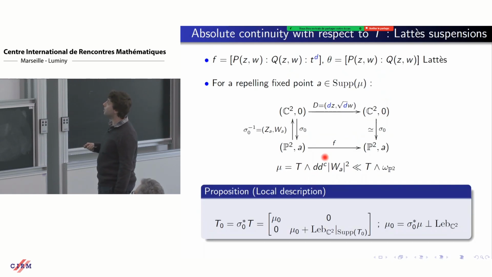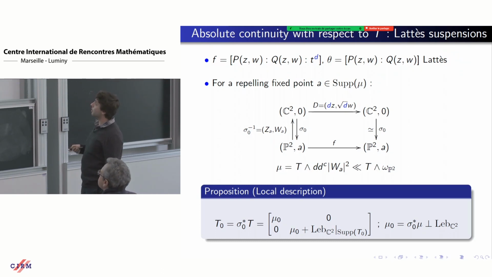Because as I told you before, lattice map of P2 cannot preserve foliations, but some kind of semi-lattice mappings can. So take a lattice map on P1, theta, and extend it to P2 like this. So we call that a lattice suspension.